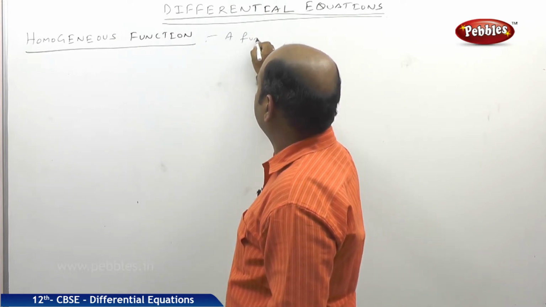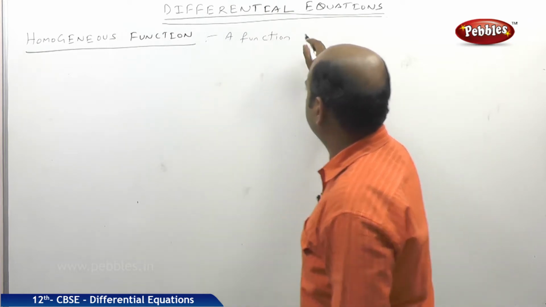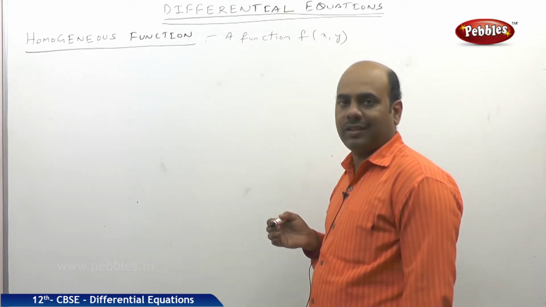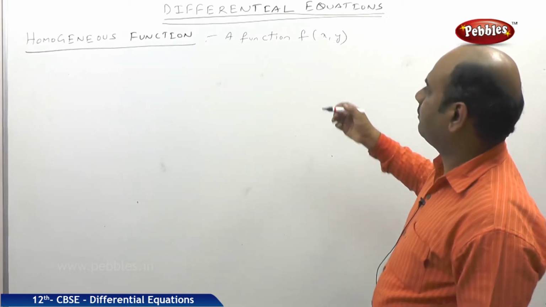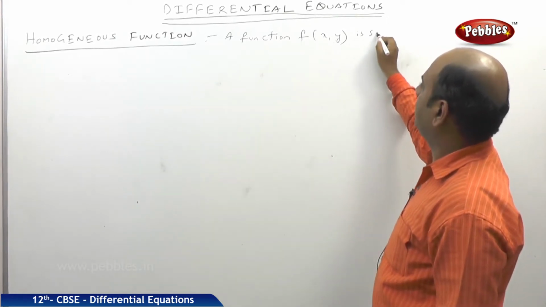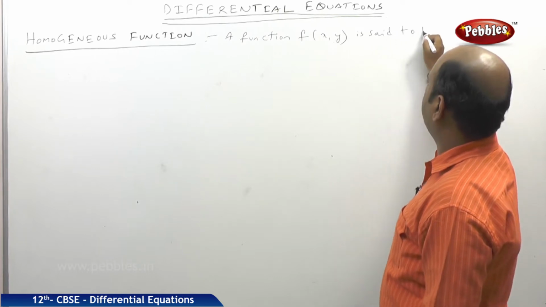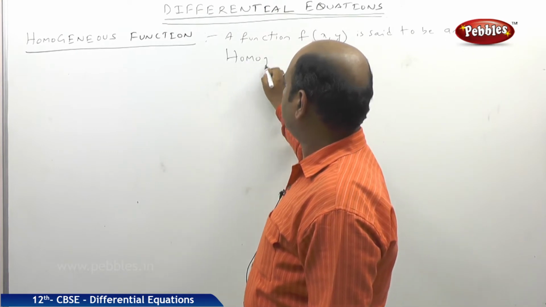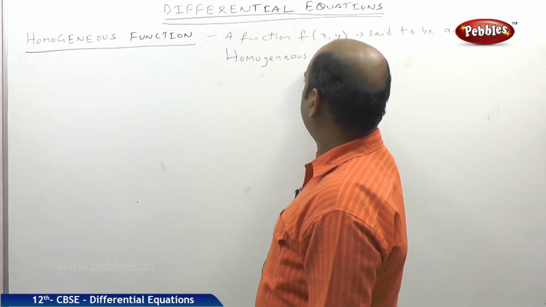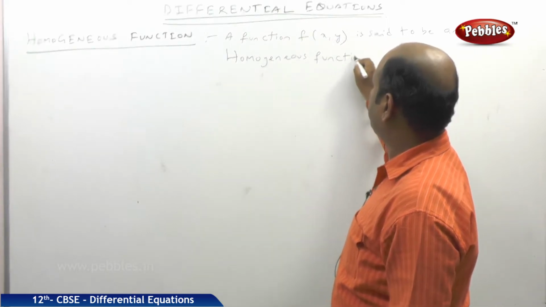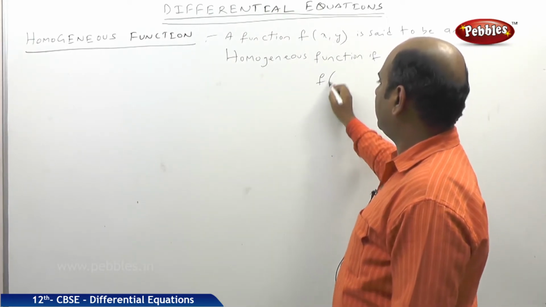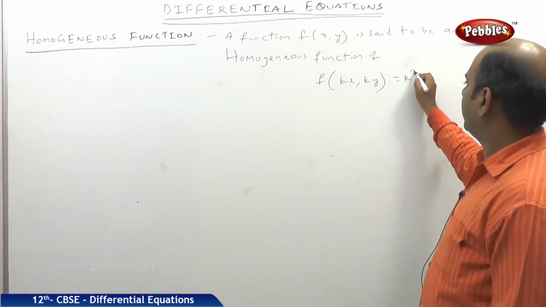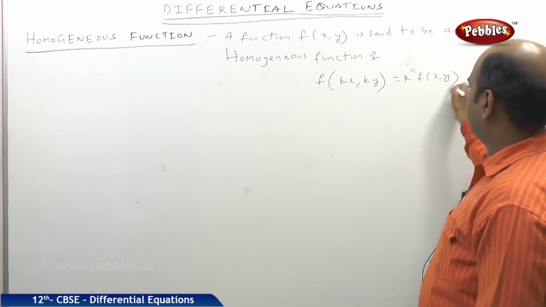A function f(x, y). Here x, y means the function can be an implicit function. A function f(x, y) is said to be a homogeneous function if f(kx, ky) is equal to k^n f(x, y).